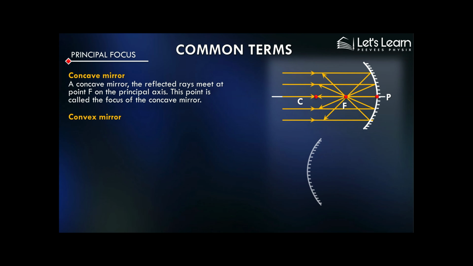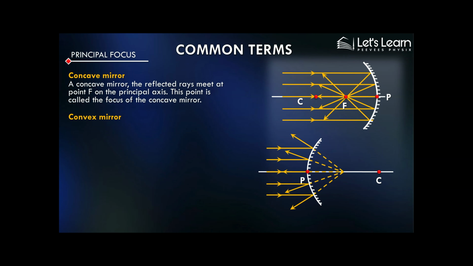We do the same for a convex mirror: center of the mirror, pole of the mirror, principal axis. I am drawing parallel rays. You can see the reflecting surface is diverging, so all the rays diverge. They don't meet. But all these rays seem to come from a point on the principal axis. See, this ray we feel is coming from there, this ray is also coming from there.